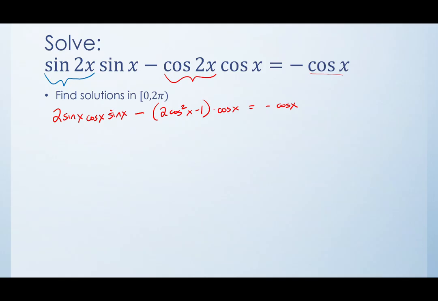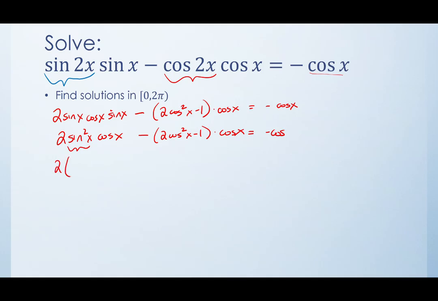Okay, so we've got 2 sine squared cosine minus, let's see what we got here. I think we're going to leave it for now. 2 cosine squared x minus 1 times cosine equals negative cosine. Okay. Now this sine squared, we know we can get rid of that. We can get rid of sine, convert it to cosine, right?